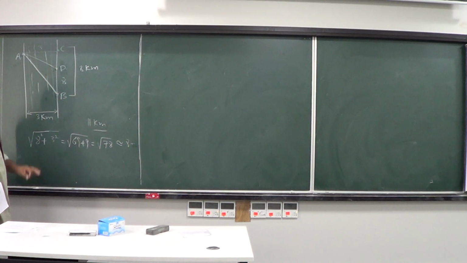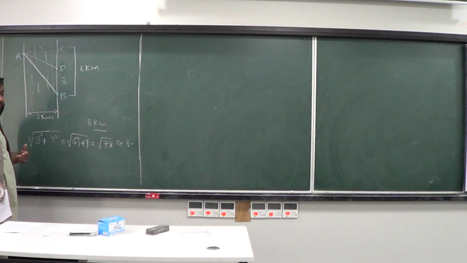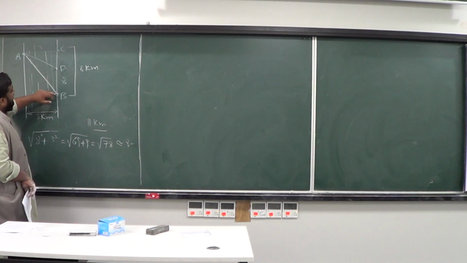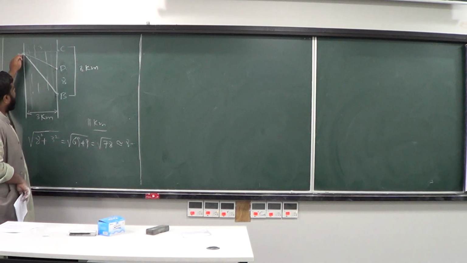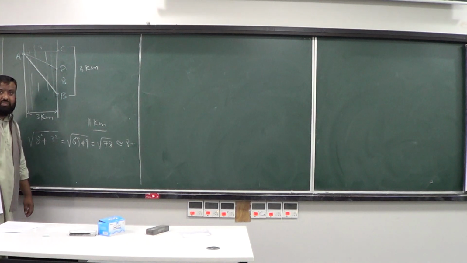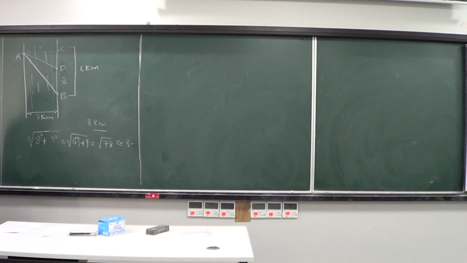The question is, what is the best location between C and B such that he takes a minimum amount of time to reach from A to B? So this is what we really want to do.